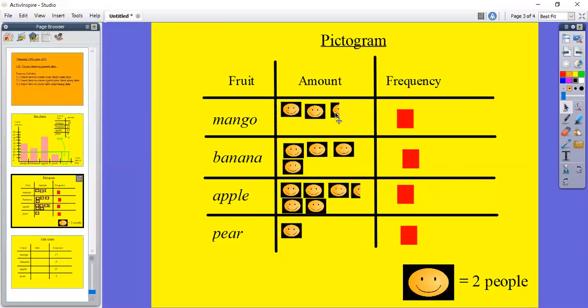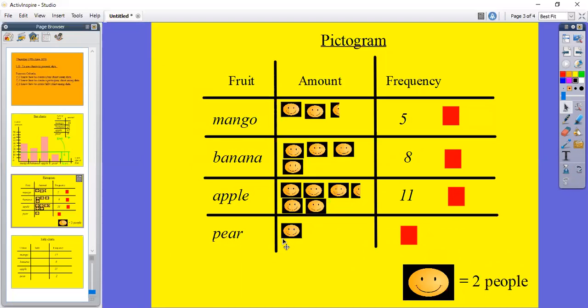So let's use our adding skills now to work out the frequencies, the amounts, the numbers that each of these pictures are showing. So mango was chosen by 2, 4, plus 1, 5. Banana was chosen by 2, 4, 6, 8. Apple was chosen by 2, 4, 6, 8, 10, plus 1, 11.